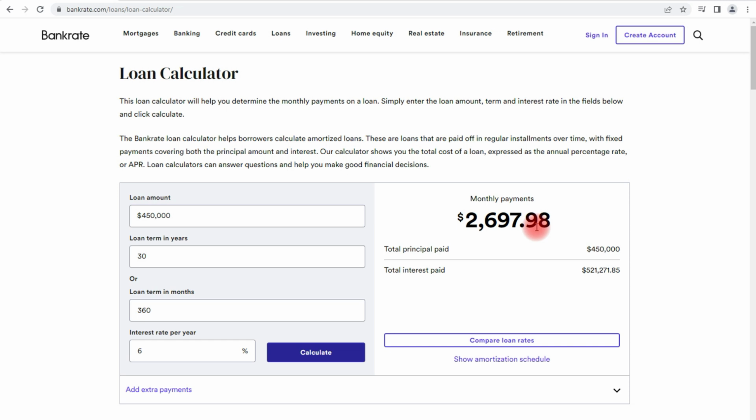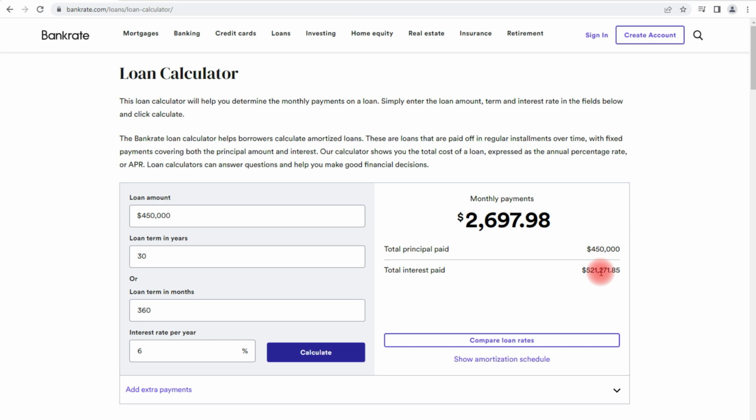But if we were to use a more exact answer, this would be more accurate. So the reason why we're $1 off is because we rounded our monthly payment and we used the rounded answer in part A to get the answer in parts B and C. So that's why it's about $1 off. But nevertheless, the process does work. As you can see, this is still a very good approximation.